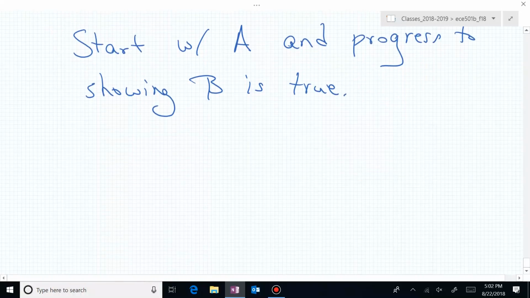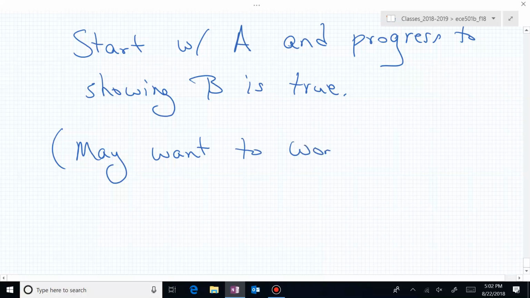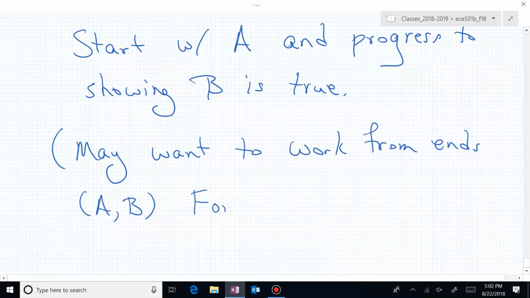But we need to start learning how to read and also write proofs. And that's one strategy of doing it. The direct approach, A logically to B. So here you may want to work from the ends, A and B, or you might see this referred to as the forward-backward strategy.